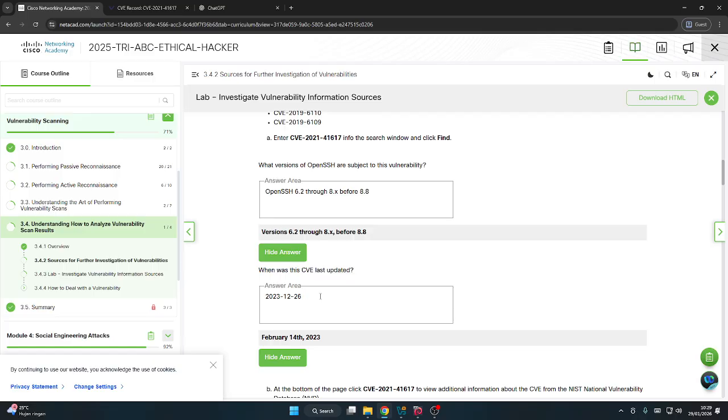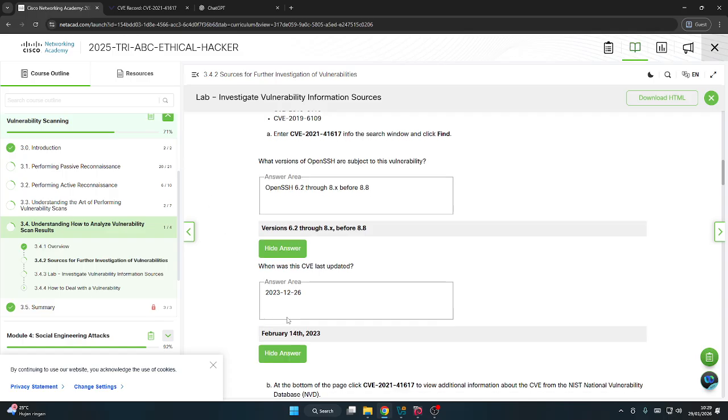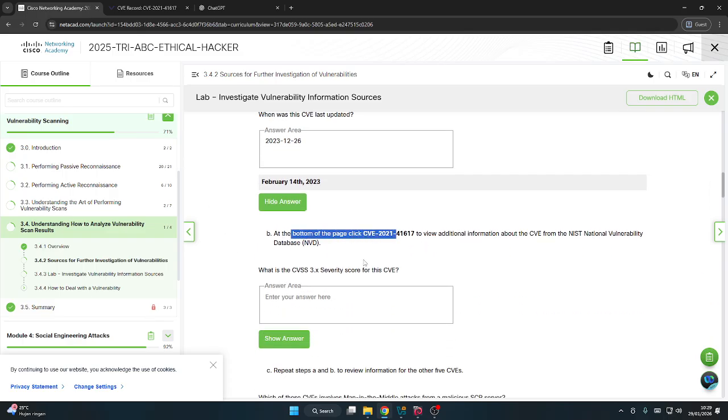Ya, ini kita lebih update lagi. Karena di sini Februari tanggal 14, di sini kita Desember tanggal 26. Lalu selanjutnya adalah at the bottom of the page click the CVE-2021-41.